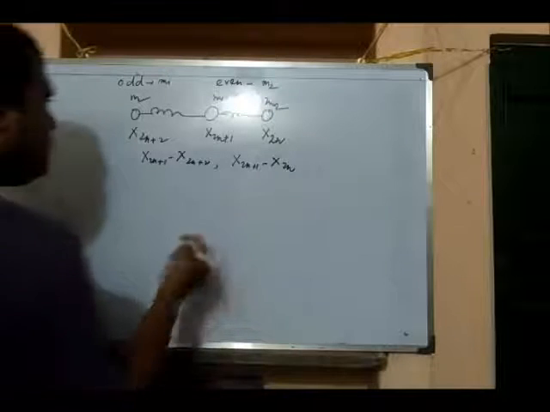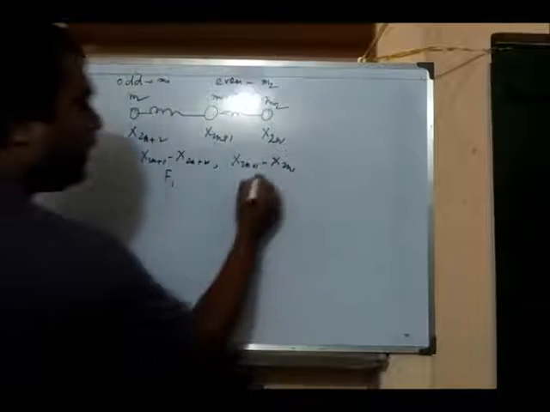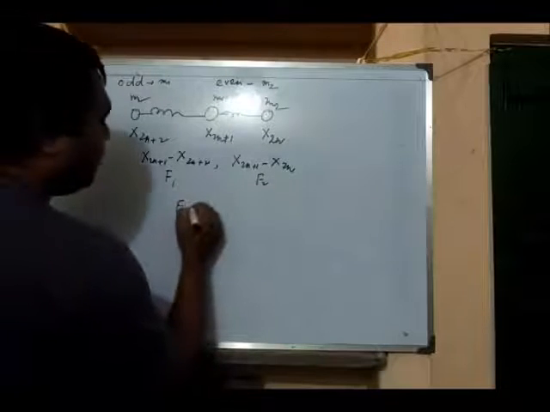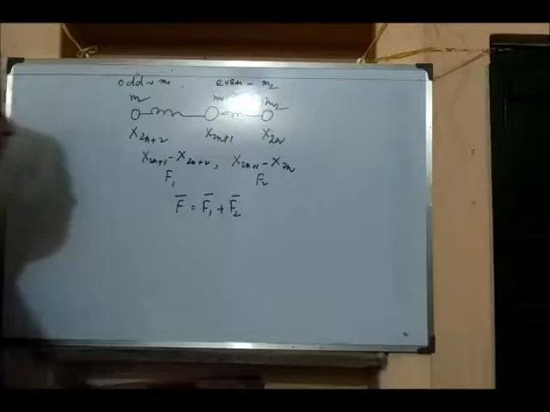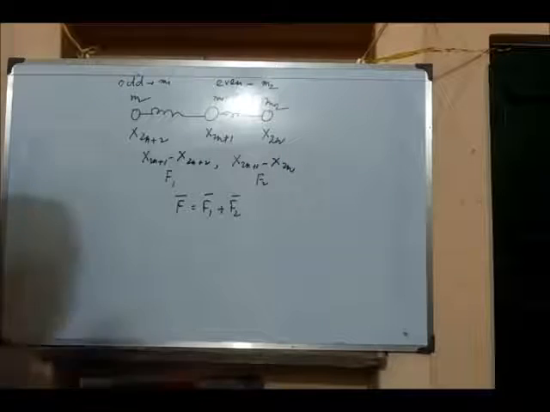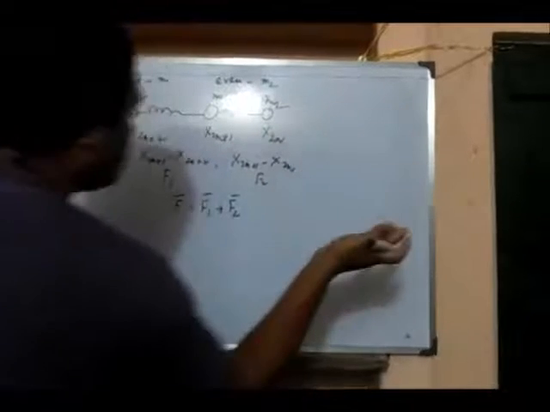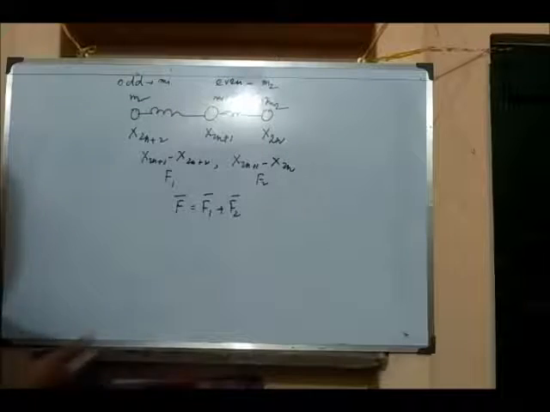And as you see here, F1 is the force arising due to the spring compression of this one, and F2 is the force arising due to the spring compression of this one. So F will be F1 plus F2, a simple vector sum, because as the vibration is along the same direction, the force is along the same direction, and we can simply add them up.